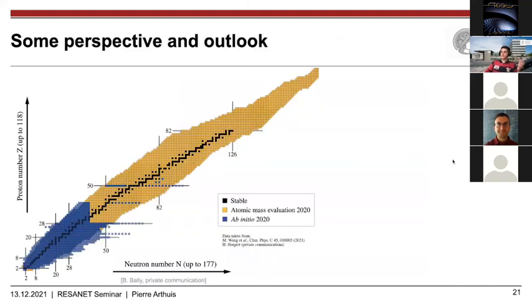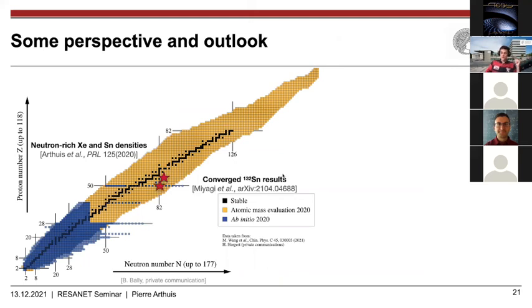I want to leave you with some perspective and outlook on what the community has been doing. I've been discussing during this talk our results on neutron-rich xenon and tin isotopes. I've mentioned converged tin-132 results by colleagues, but very recently, in the past two weeks, colleagues notably at TRIUMF, SCRIT, and Chalmers have put out a new paper with an ab initio estimation of the lead-208 neutron skin.